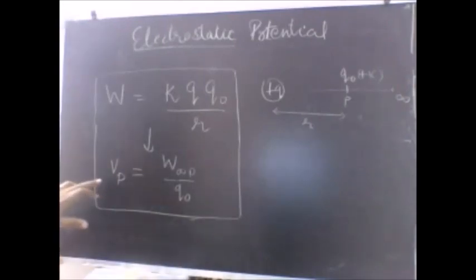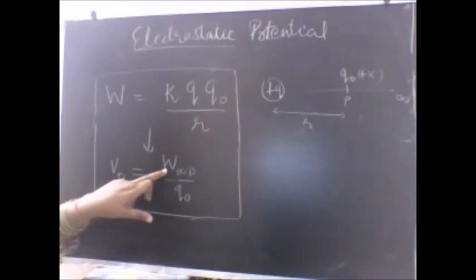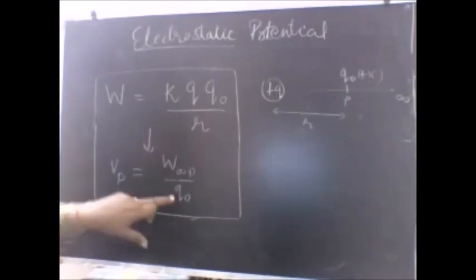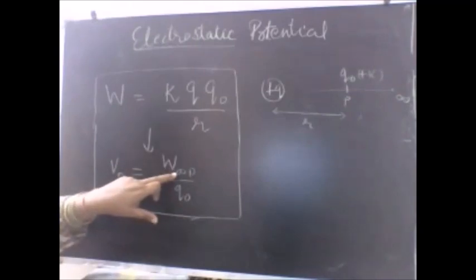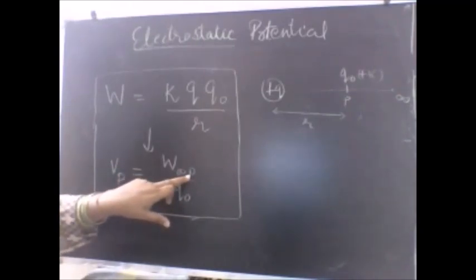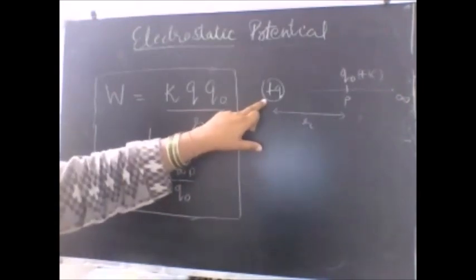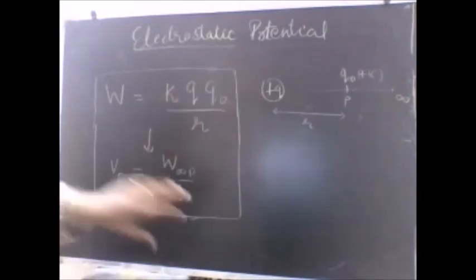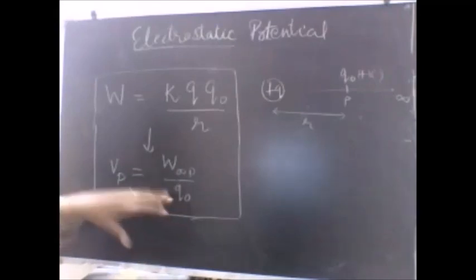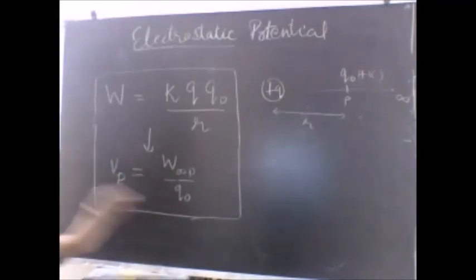Let me repeat it: the electrostatic potential is the work done in bringing a unit positive test charge from infinity to any point P in the electric field region of source charge without any acceleration. So the definition remains same. The only thing is that the mathematical presentation changes.